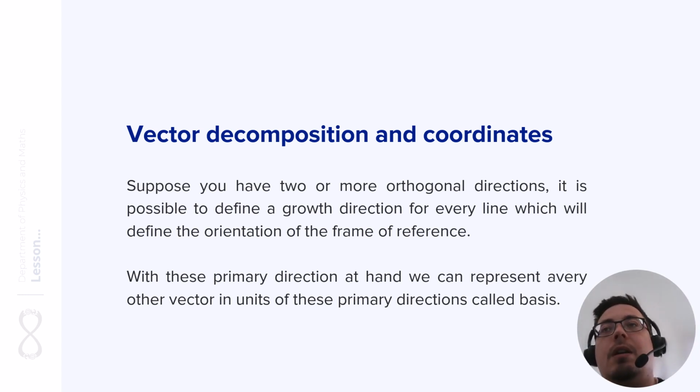Of course, those numbers depend on the orientation of who is looking at the vector, but we can find preferential directions, called bases, from which we can construct the components of our vector. And we will see this step by step.